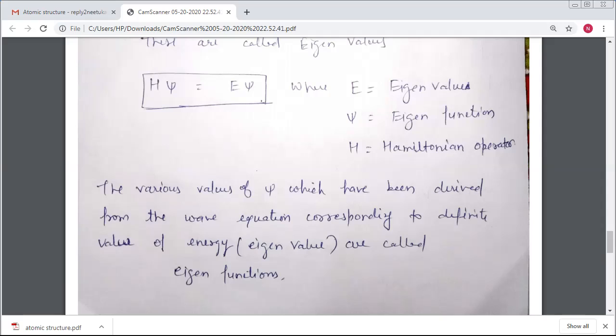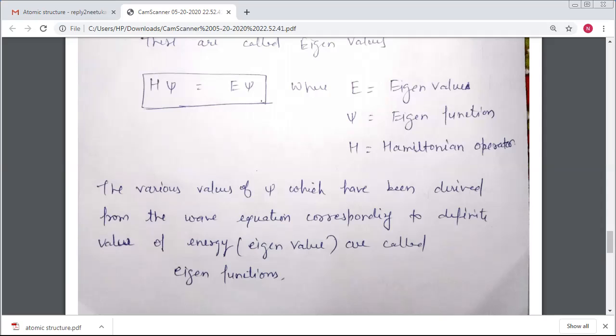So psi is the wave function and psi square is the probability of finding the electron in the small volume element dv surrounding the nucleus of an atom. So the particular values of psi are called the eigenfunctions, and the values of energies which correspond to these are called the eigenvalues.